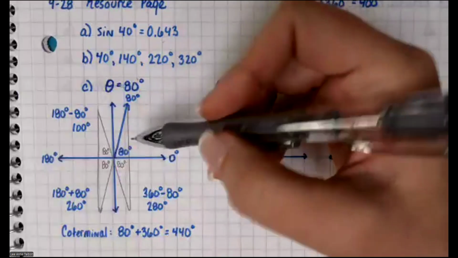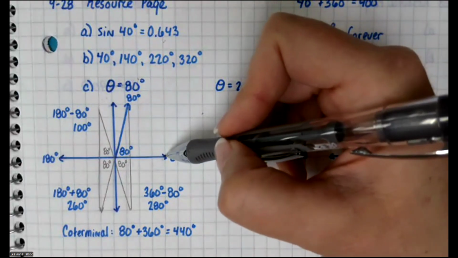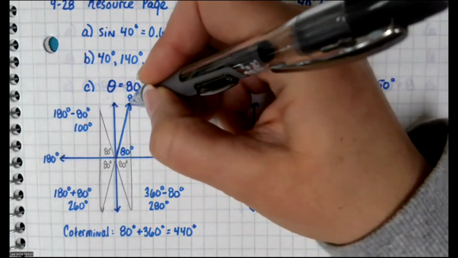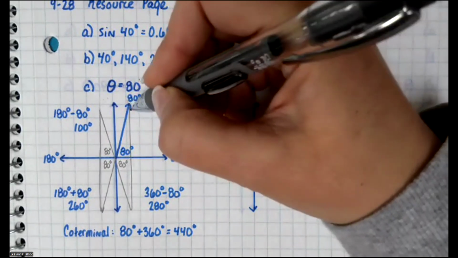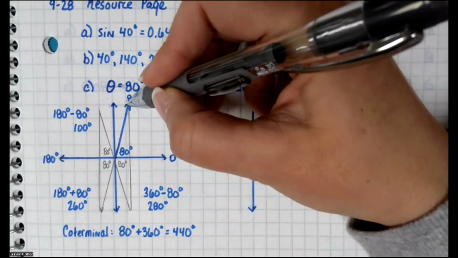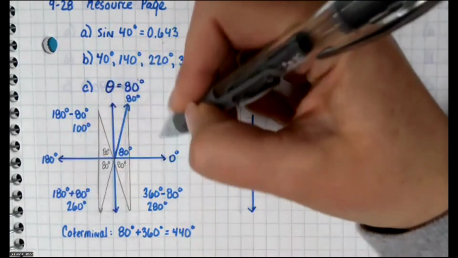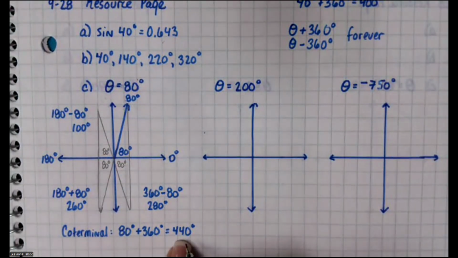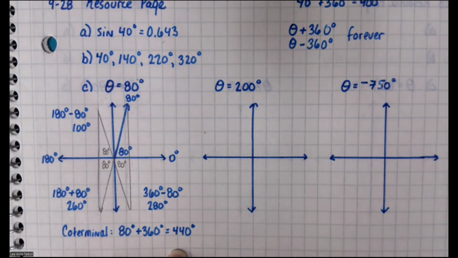It really helps your brain if you literally take your pencil, go to 80, and then go all the way around back to 80 to see that coterminal. This is not the only coterminal. There's an infinite number of correct answers here, but we're just going to put the easiest one for Mrs. Talbot to find.